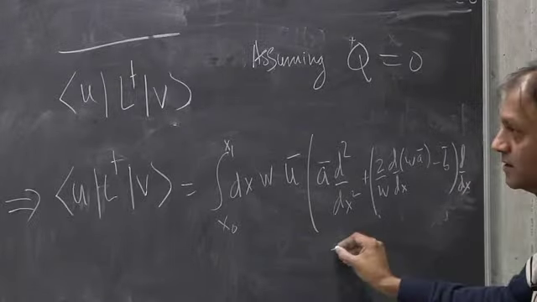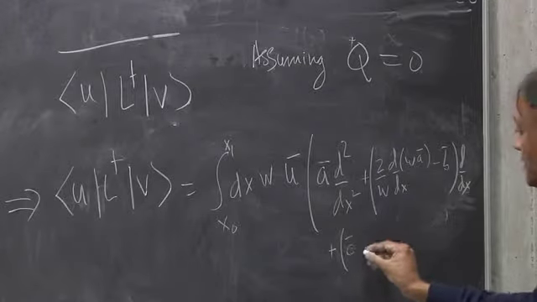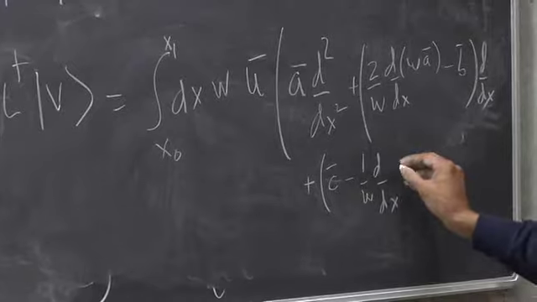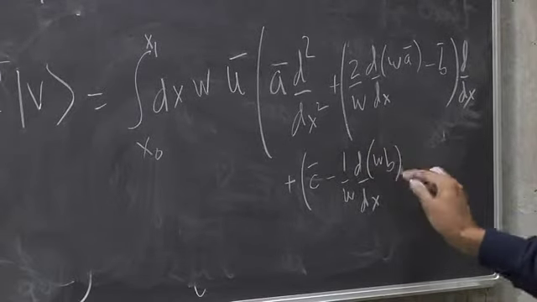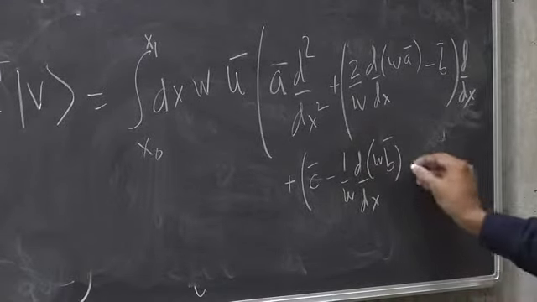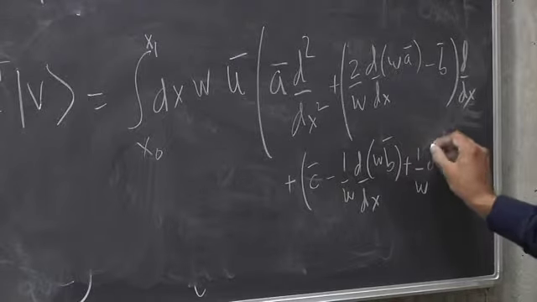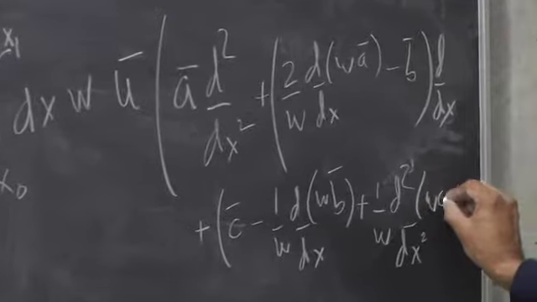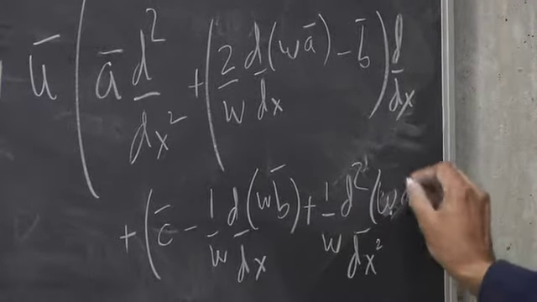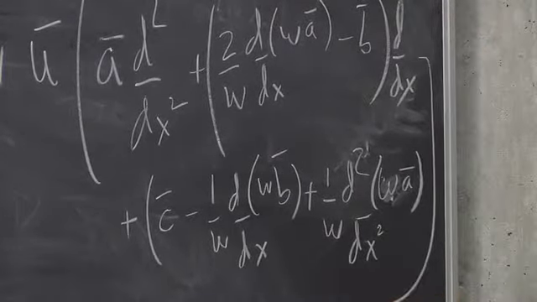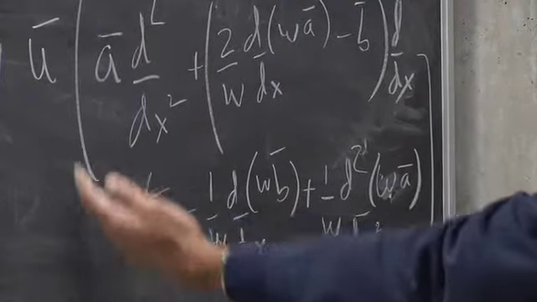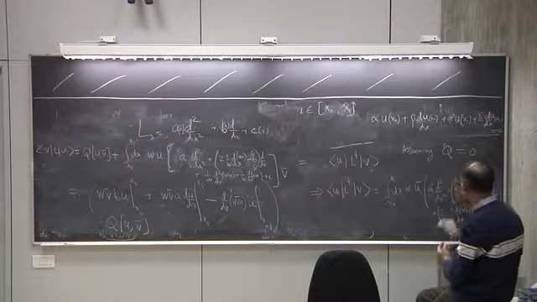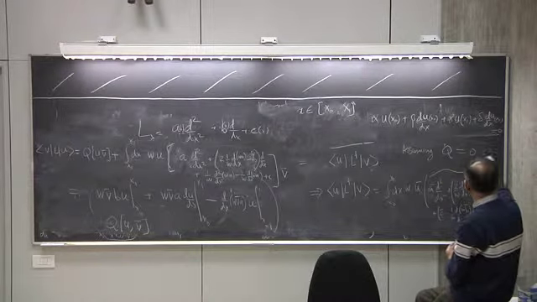And then finally, you have all these things, C bar minus 1 over W d by dx of W B bar, and then plus 1 over W d2 by dx2 of W A bar. So lots of terms, all of this acting on V. We will call this L dagger. L dagger is a formal differential operator. So we would call this whole thing L dagger x.